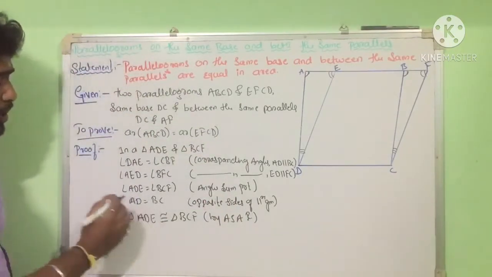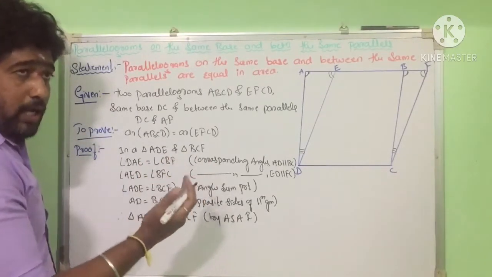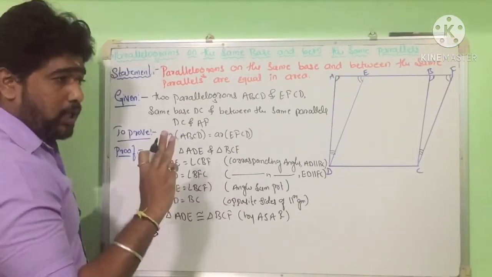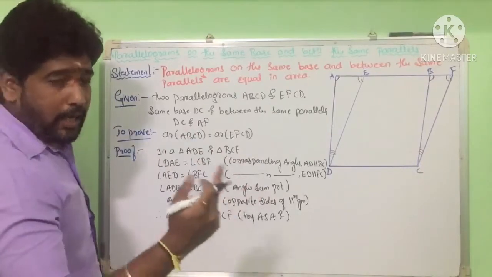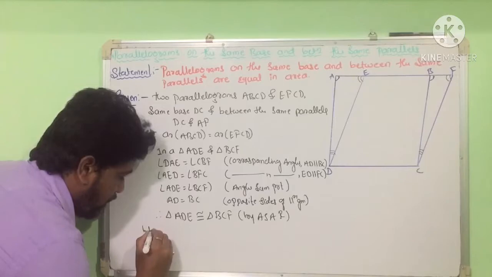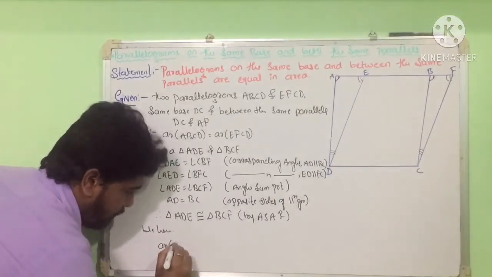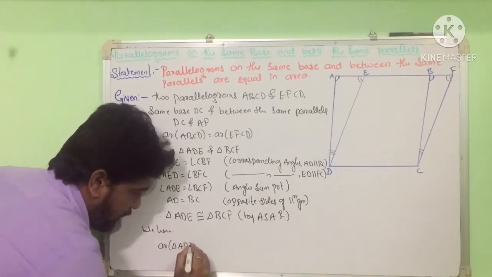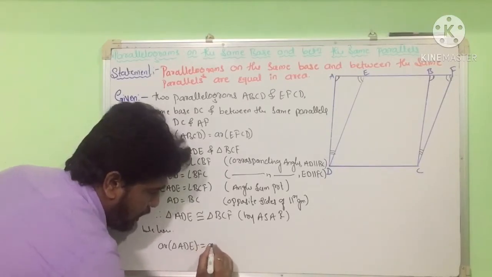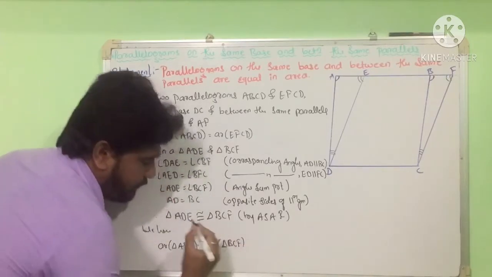Right? So these two triangles are congruent to each other, which means these two triangles are equal in their area. Already we know that congruent figures are equal in area, right? So we have the area of triangle ADE is equal to the area of triangle BCF.